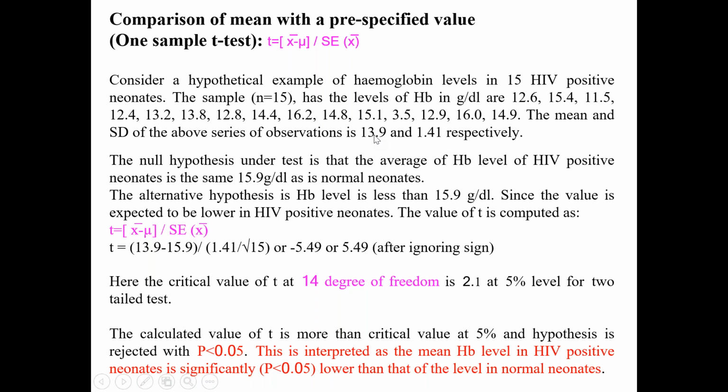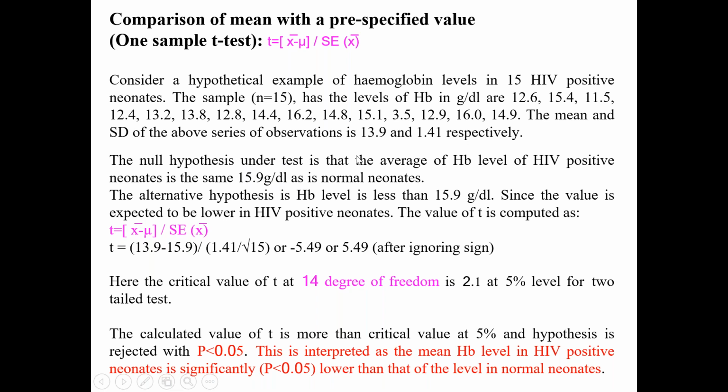Now we have another value, a pre-specified value for the population, the normal neonate value, and let us presume it to be 15.9.